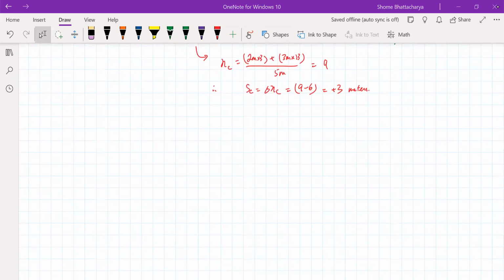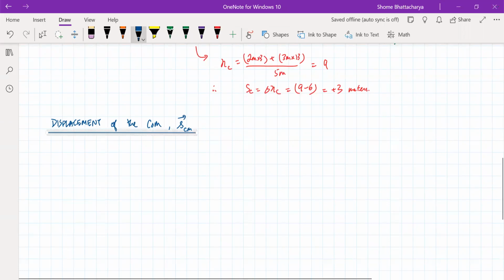Okay, so now let us discuss the general formula for displacement of center of mass. So let's understand how this works. We'll take a more fundamental approach here.